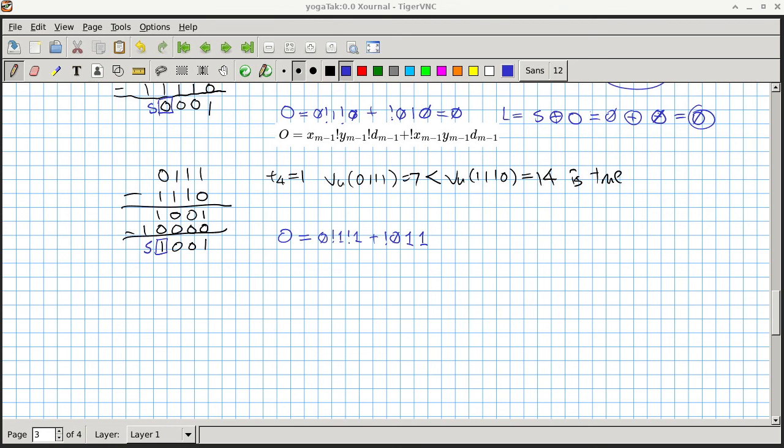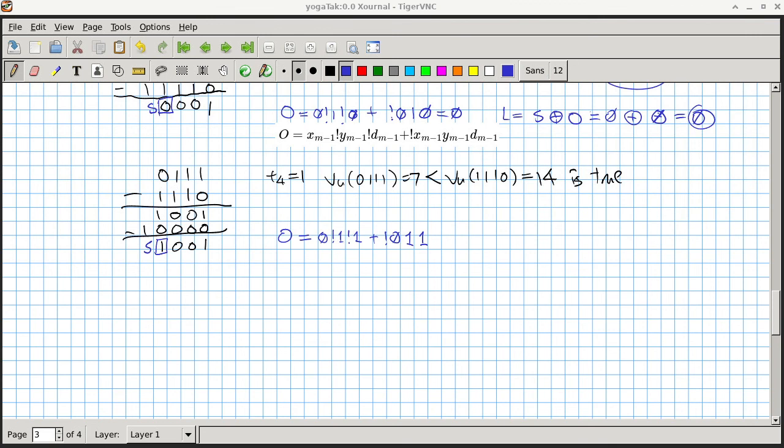Is that making any sense? This 0 comes from here. This 1 comes from here. This 1 comes from here. Remember, we're only looking at the most significant bits of x, y, and d. Or if you want to use mathematician terms, we are only looking at the most significant bits of the minuend, the subtrahend, and the difference.